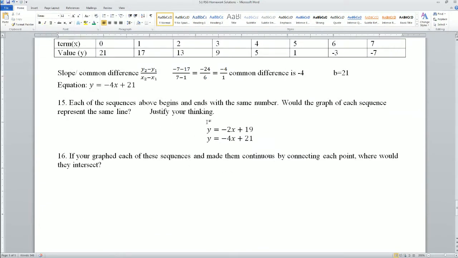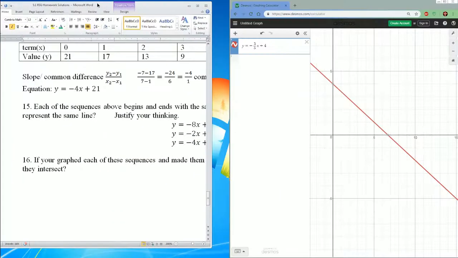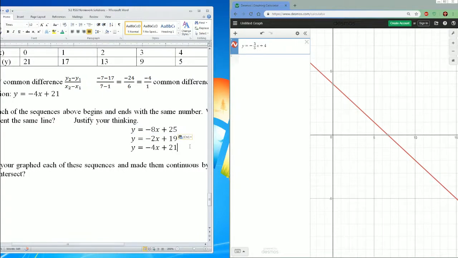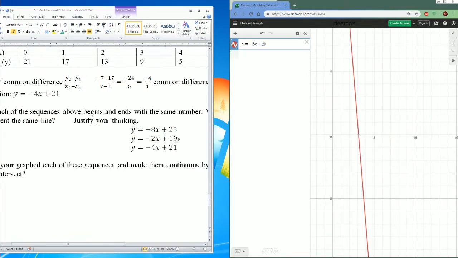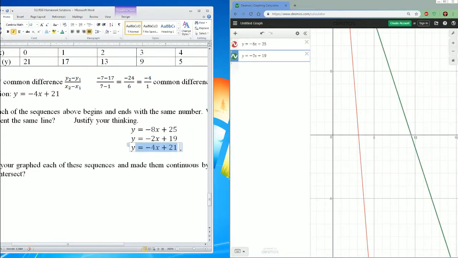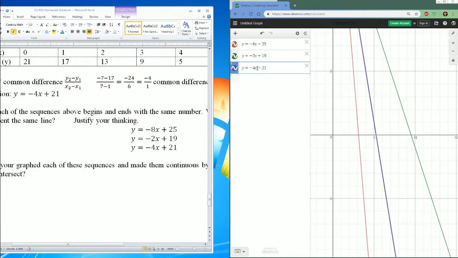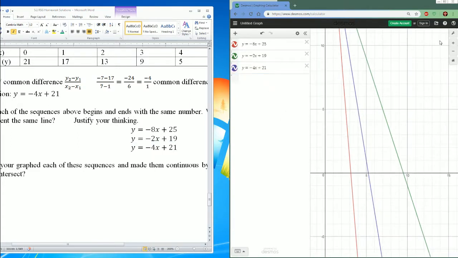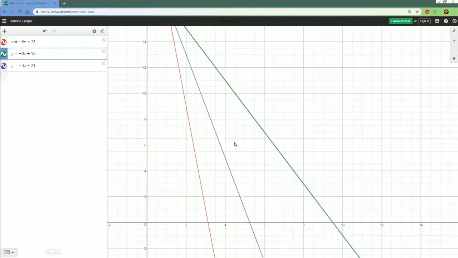Very simple. Let's just graph it in Desmos and see. Those are our three equations. That's the first one. That's the second one. That's the third one. Look, they're all different.